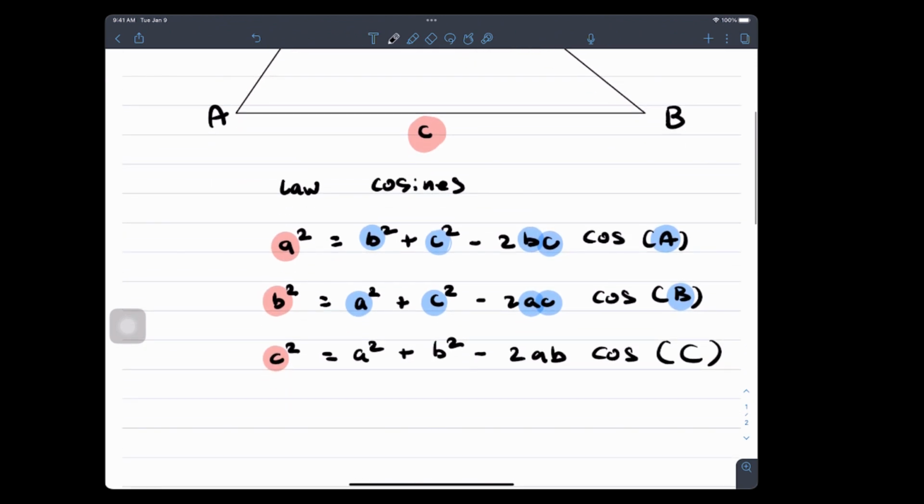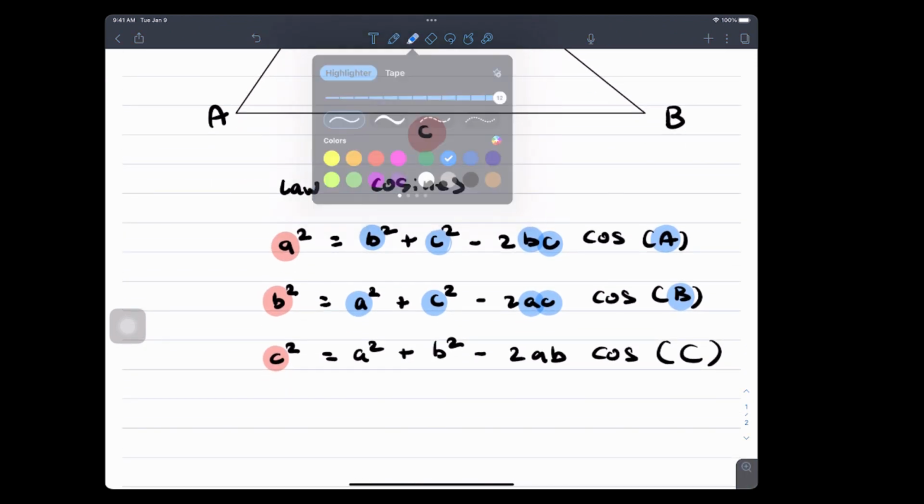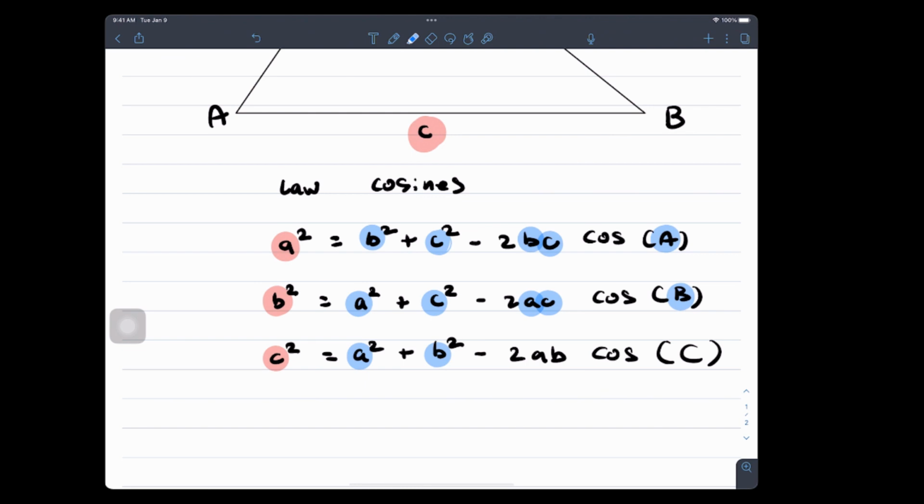So that's the angle opposite to side C. So notice again in blue, this is the pattern for the formula. It's a very simple formula, but it has some things to think about. This is called law of cosines. And you know, we can prove it, but not today. But we're going to use this here.